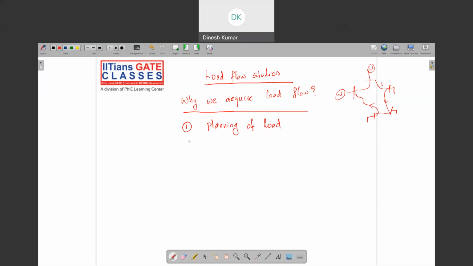Second one is the future expansion. How much load can be extra added here so that this voltage will be in a particular range. So all the mathematical calculation related to voltage and load and everything can be found from the load flow studies. Okay. Then, to find the best operating point, or best operation of the existing system.